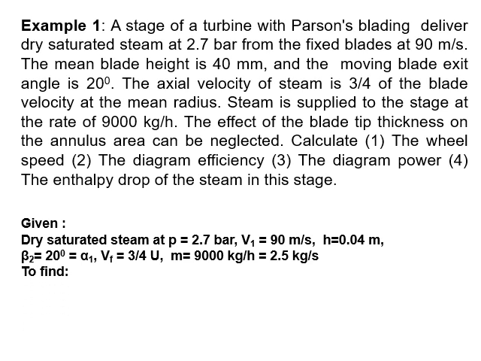Now to find: first the wheel speed N, second the diagram efficiency or blade efficiency eta B, then the diagram power P, and the enthalpy drop of steam in this stage, delta H.